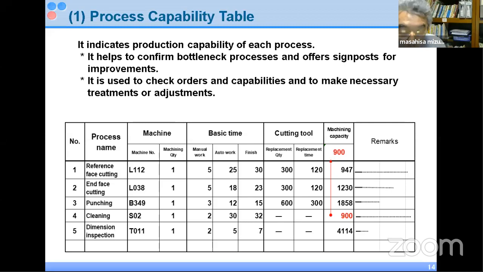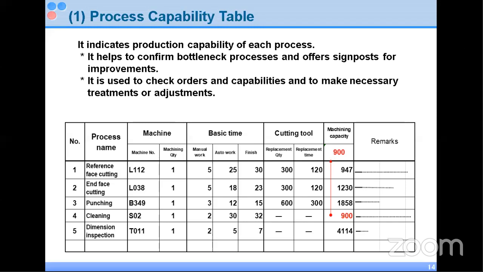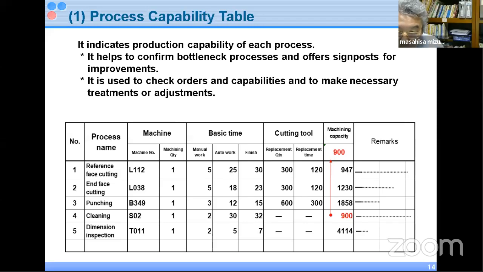Auto work means the machinery movement work, and the total finished. And the cutting tool is, for example, each 300 pieces. After 300 pieces of processing, we should change to a new cutting tool. In this case, we need 120 seconds.